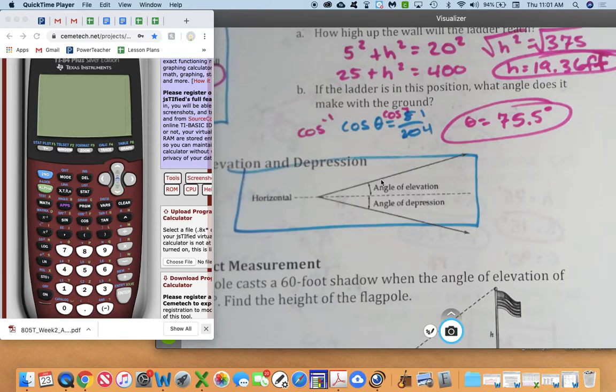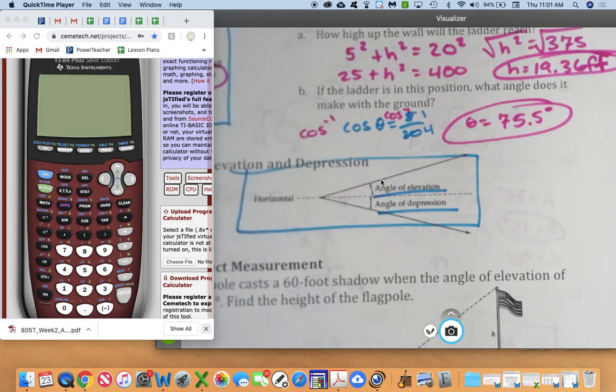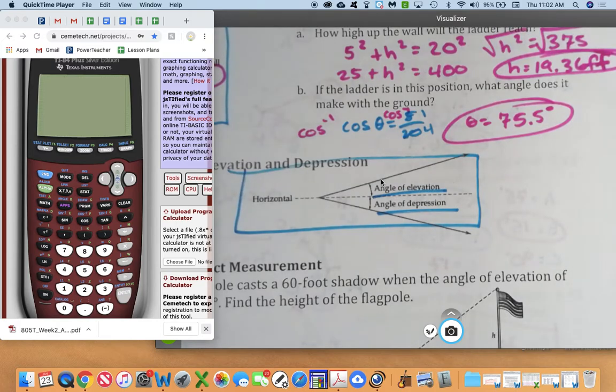If I'm depressing my arm, it's an angle of depression, from here down. So angle of depression goes down, angle of elevation goes up. This is what they look like. They will not always give you a picture.